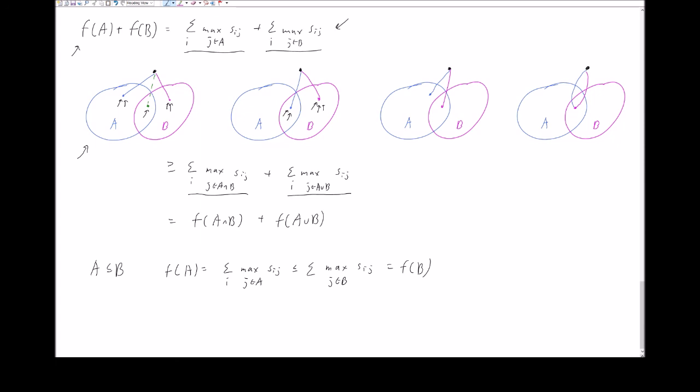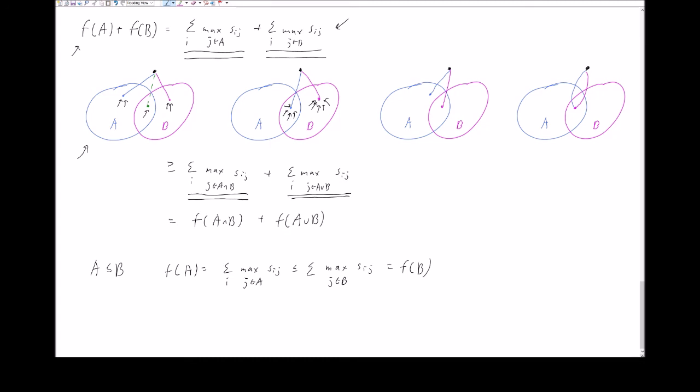Now when we consider the inequality, we have the service level achieved in A and the service level achieved in B, these 2 points. Now when we look at A intersect B, the best facility for this client is going to be this blue guy. And when we consider A union B, the best facility is going to be this B guy, because we know that this one dominates all of the other elements in A. In this case, the inequality is actually met with equality for this client.